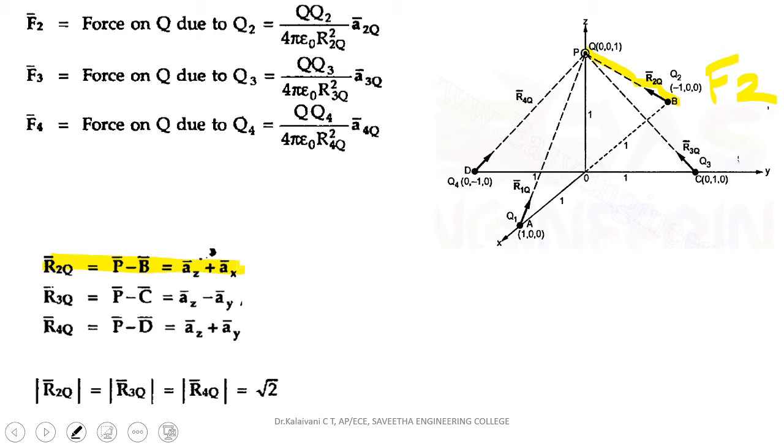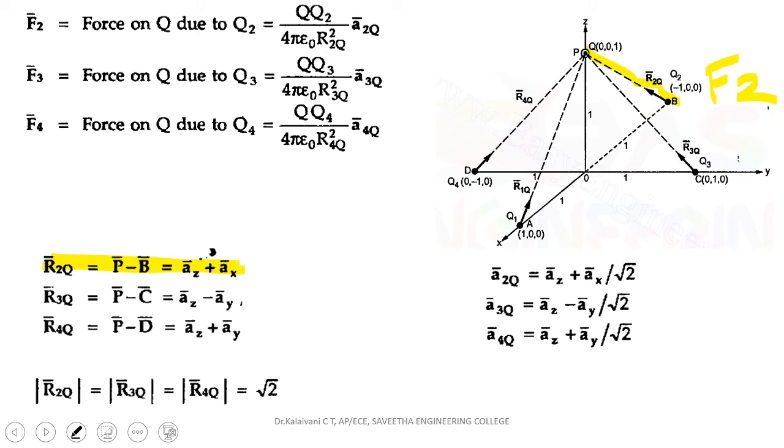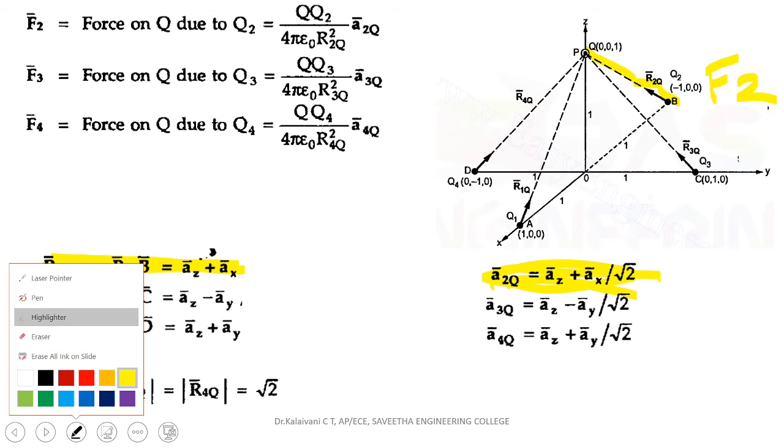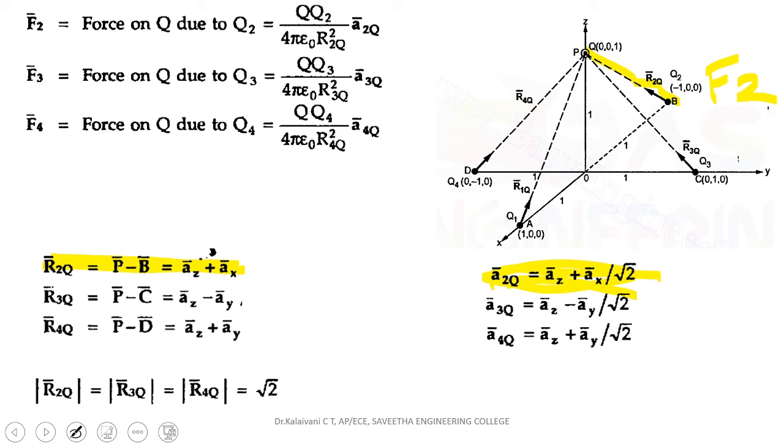The modulus value will be root 2, and the unit vector will be (az plus ax vector) divided by root 2.